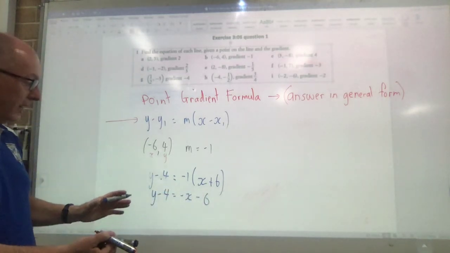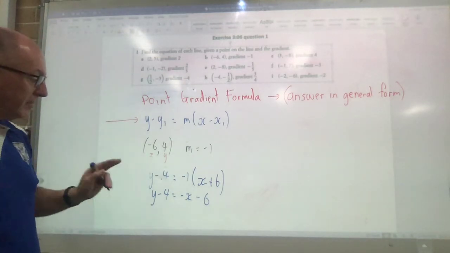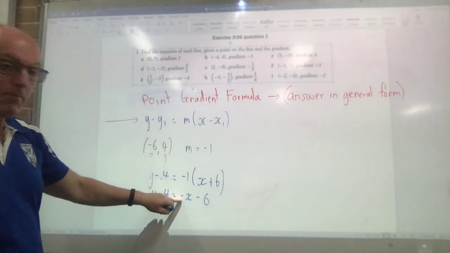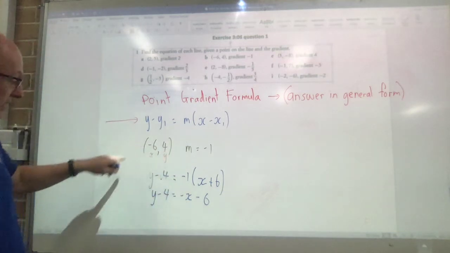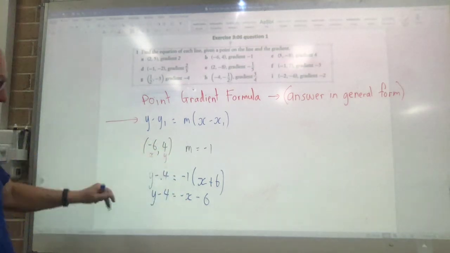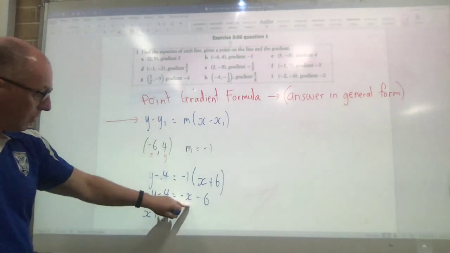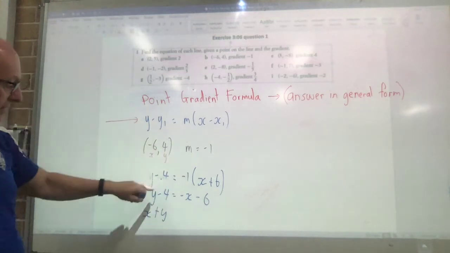I've expanded the brackets, but it's not in general form. In general form, x needs to be first and it needs to be positive. You can see we've got minus x there. What I'm going to do is add the x to the other side. So move this to the other side and I'll get x plus y. Now I want to add the 6 across.